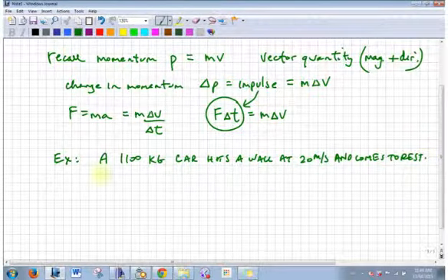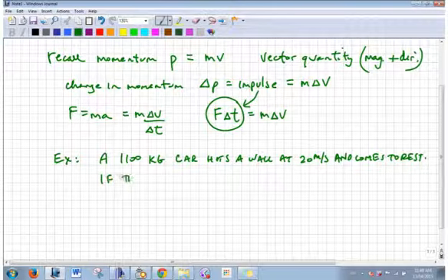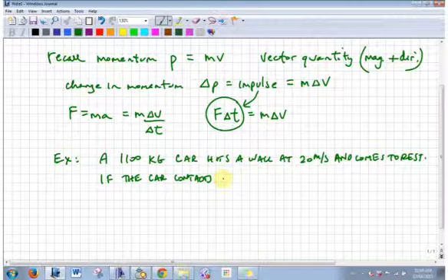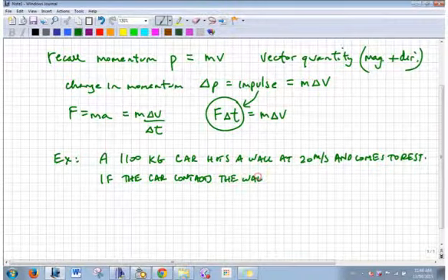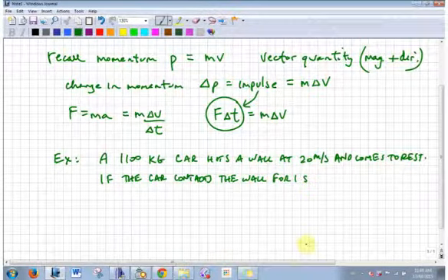Comes to rest. If the car contacts the wall for 1 second, that would be a change in the time. 1 second.